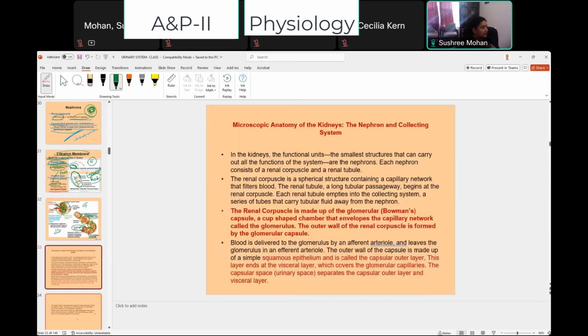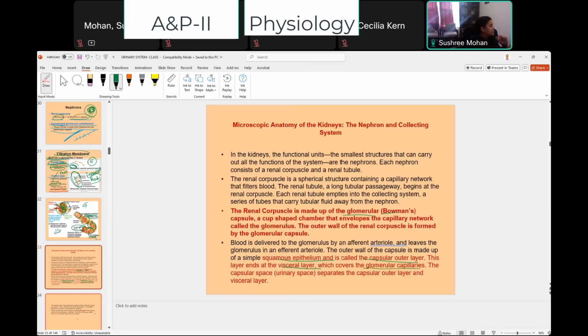So, the microscopic anatomy of the kidneys, the nephron, the collecting system. I explained the glomerulus, the Bowman's capsule, and its wall, and how it has fenestrations or slits for filtration to happen. Squamous epithelium is the capsular outer layer, and the visceral layer covers the glomerular capillaries.